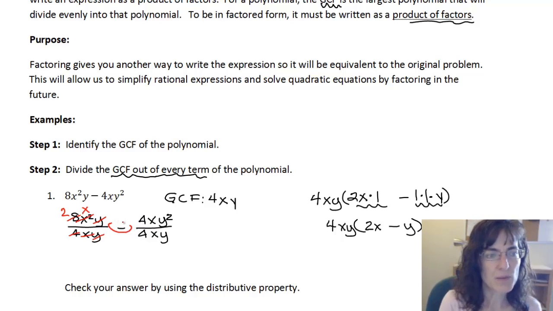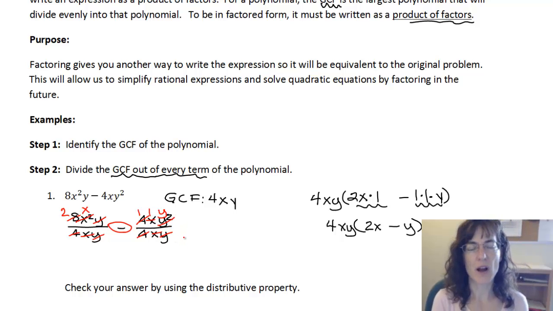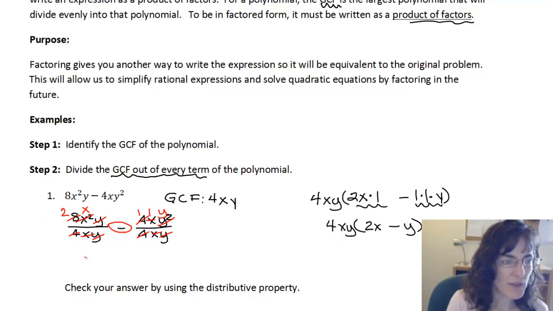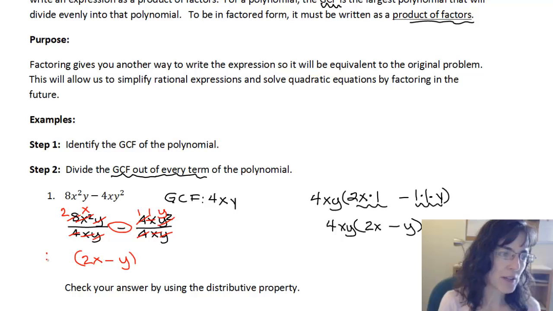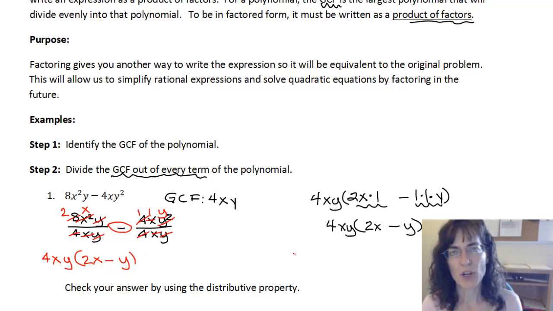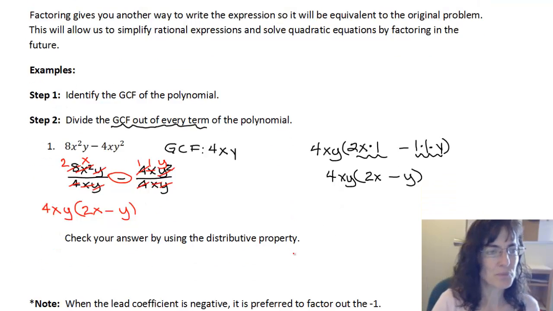And then I have minus in between, I don't want to lose that. The 4's reduce completely to 1 over here. The x's, same thing, to 1. And the y's, I have a y left on top. And so when I rewrite that, I have 2x minus y. But that's just the part that goes inside the parentheses. The greatest common factor that I divided out has to go at the start. And you can see I ended up with the same expression, both methods.